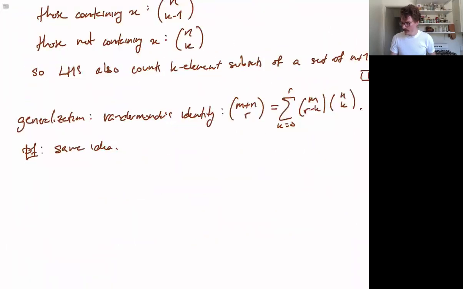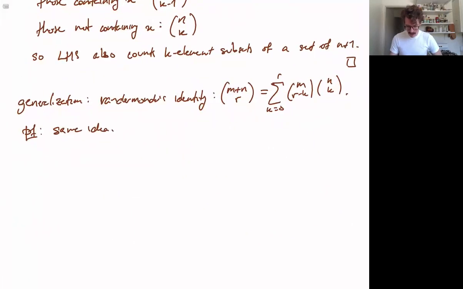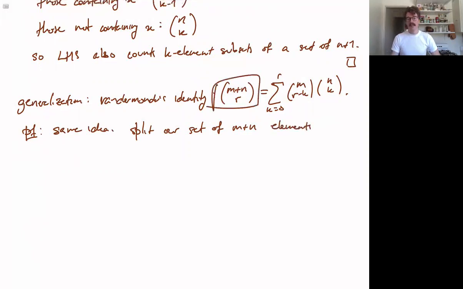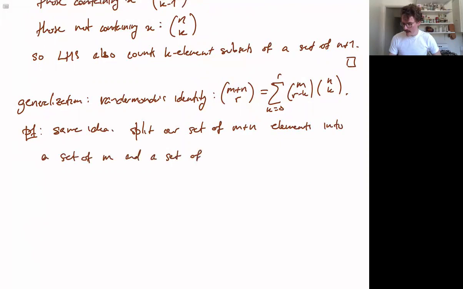So this proof is exactly the same idea, except that we split our set of m plus n elements, which is what's happening on this side, into a set of m and a set of n, which is what's happening on this side.